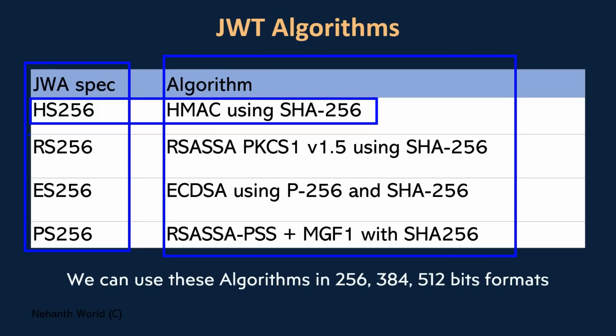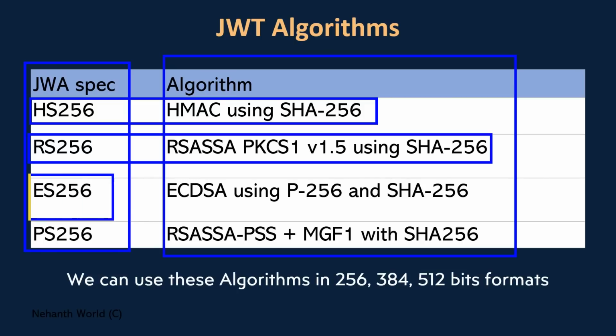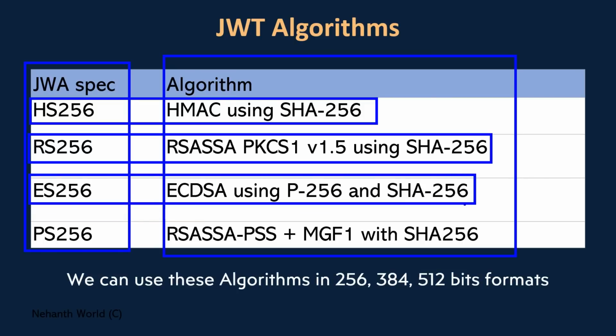HMAC is an algorithm that works based on the private key. And the next one is RS256. So RS256 is the JWA specification name and the algorithm name is RSASSA-PKCS1-v1_5 using SHA256. The next one here is the elliptic algorithm ES256.